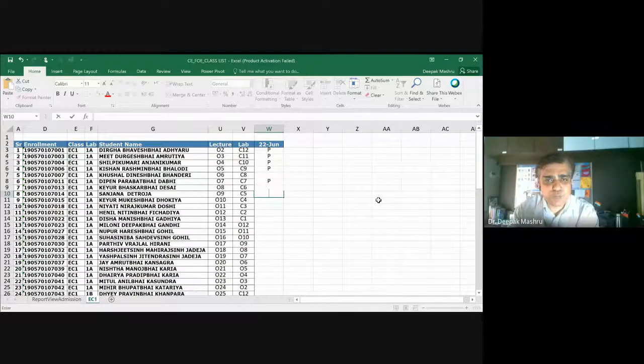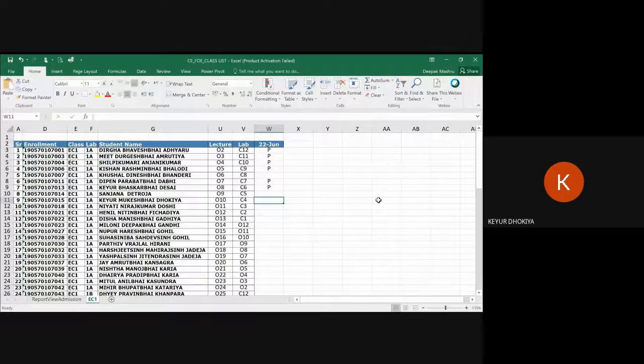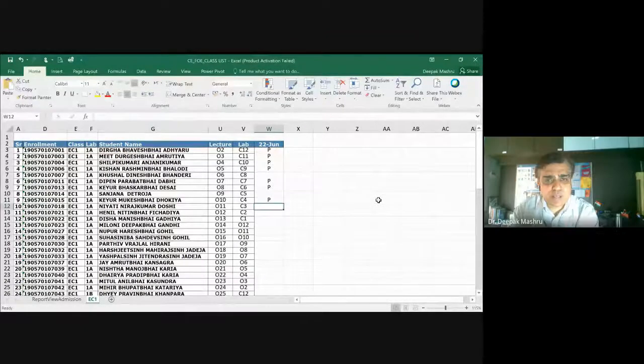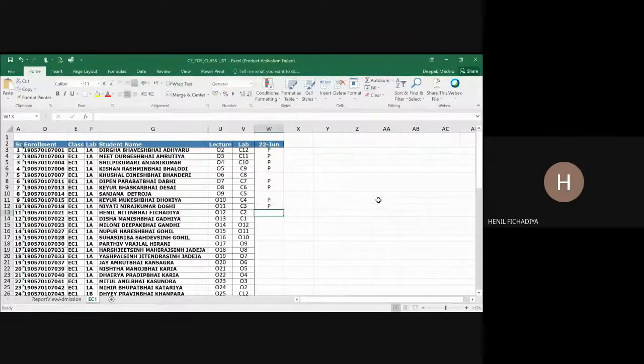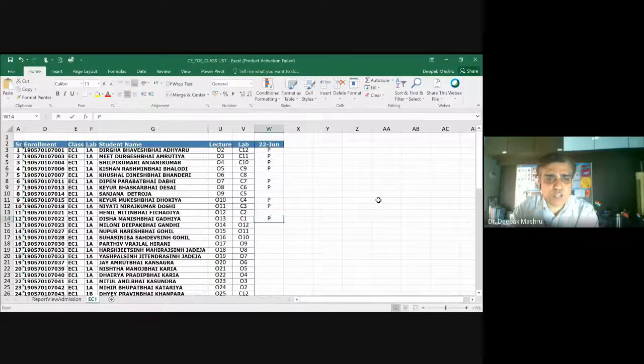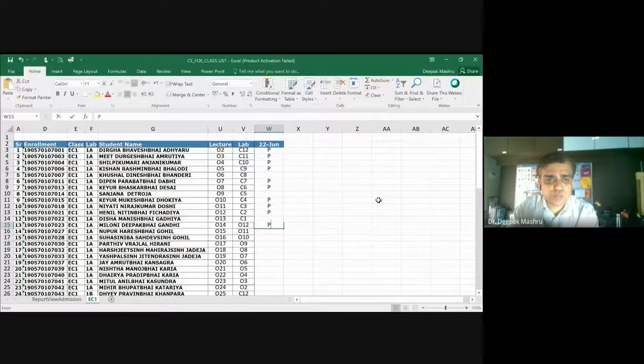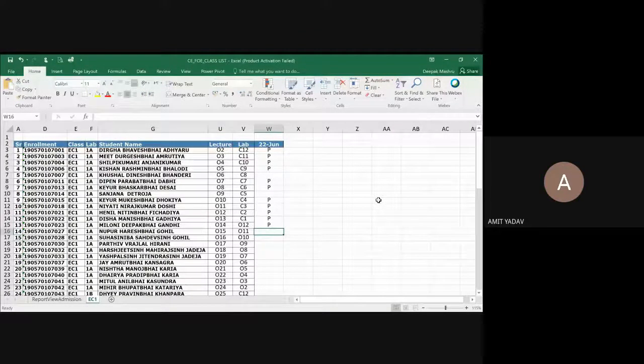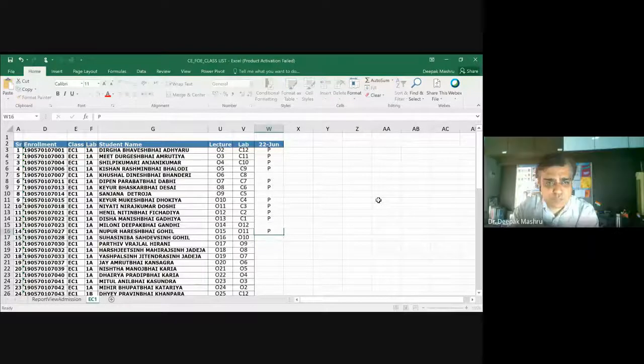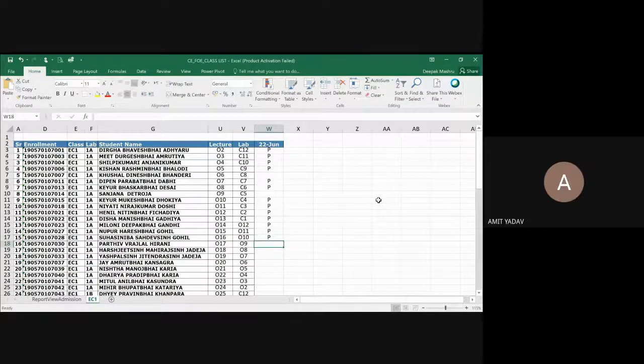Niyati. Anil. Isha. Meloni. Nupur. Vasudhara.